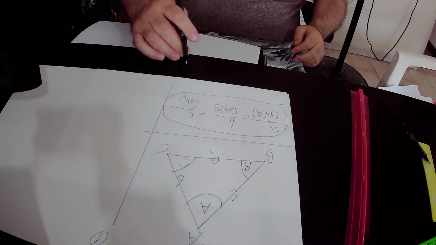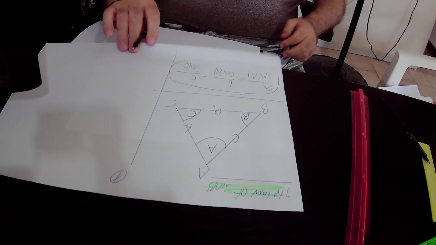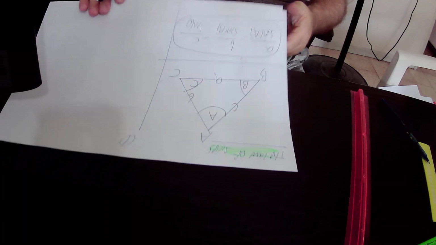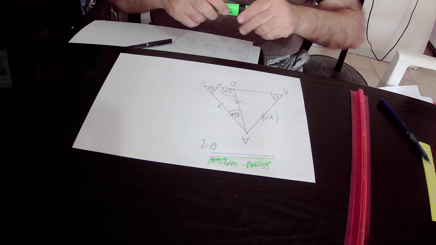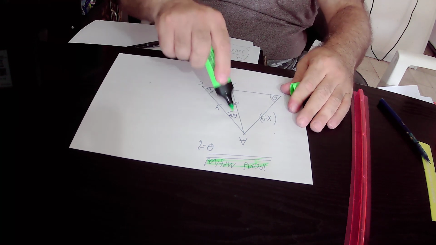Now we will implement the law of sines in the green triangle ADC.